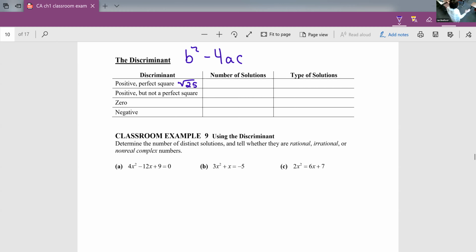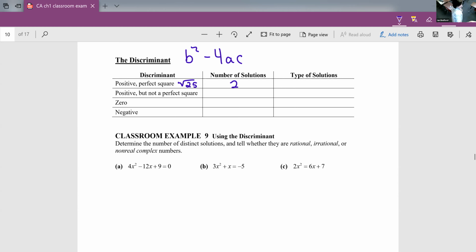If there's no radical there, and the number is not 0, I've got something plus 5 divided by blah, blah, blah, and something minus 5 divided by whatever's on bottom. How many solutions is that? 2. If there's a plus or minus, and what comes after it is not 0, I'm going to have 2 solutions.